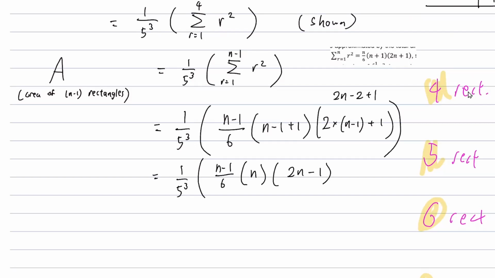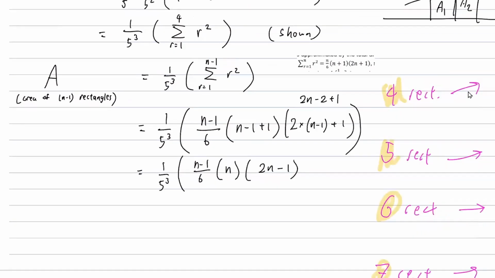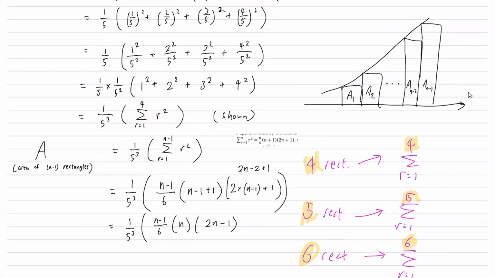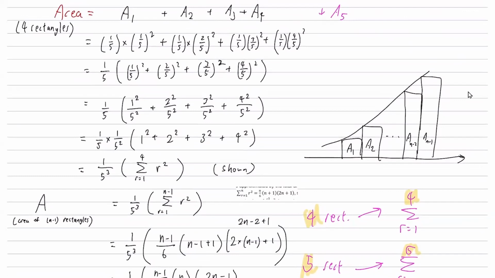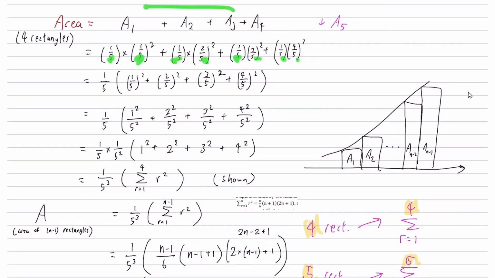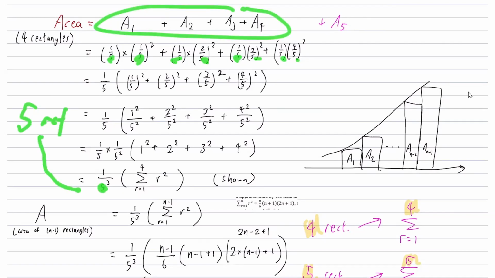Now, I will try to simplify as much as I can. Actually, I realized I made a mistake. The reason why we got a 5 is because we have 4 rectangles, which is 4 plus 1. So if you've got 5 rectangles, actually here it wouldn't be divided by 5 cube. Let's say you've got 5 rectangles. What would this denominator here be? 1 over 6 cube.